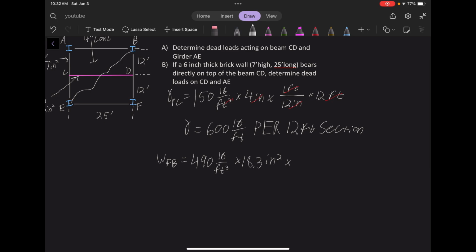So you could write 1 over 12 squared, or you can write 1 foot squared over 144 inches squared. Okay, so let's cancel our units back again here. Inches squared, feet squared becomes 1. So the weight of every floor beam in this problem is equal to 62.3 pounds per foot.